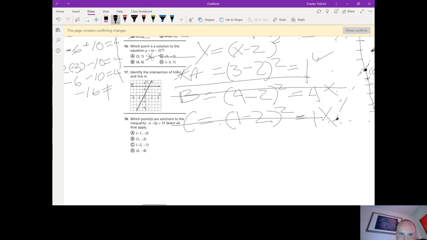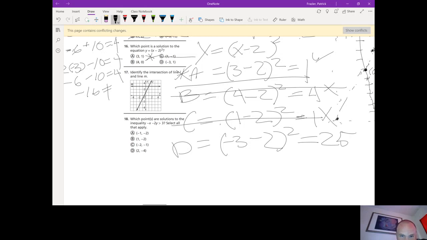Okay, and then what about D? D is negative 3 minus 2 squared. Negative 3 minus 2 is negative 5. Negative 5 squared, negative 5 times negative 5, is the same thing as 5 times 5, which is 25.